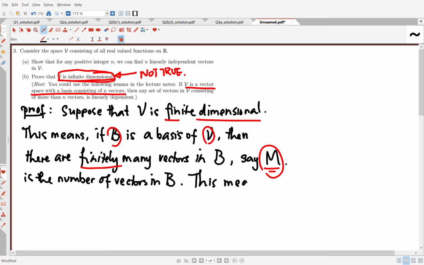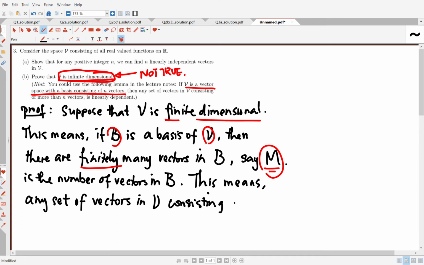By using the hint, any set of vectors in V consisting of more than m vectors is linearly dependent.